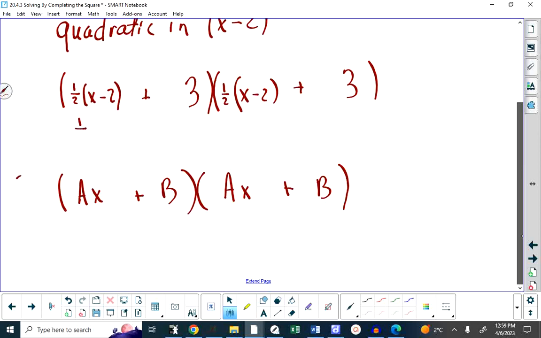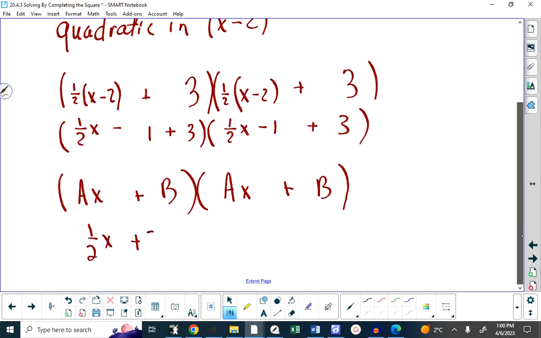So 1/2 times x is a half x. 1/2 times negative 2 is negative 1. So we're going to have 1/2 x minus 1 plus the 3. Each of these is 1/2 x plus 2.